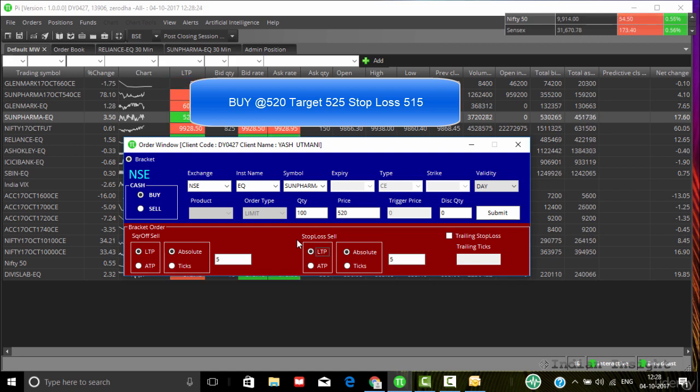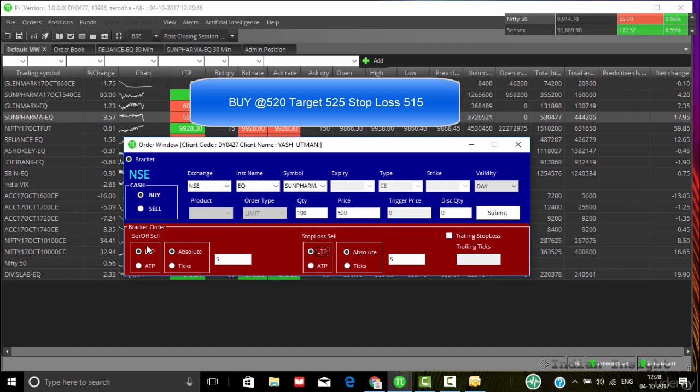Now what will happen is, once you enter a trade, you automatically instruct the broker to book a profit at the price mentioned by you, or book a loss at the stop loss mentioned by you. And once your stop loss price or take profit price is hit, the broker will cancel the other order. So basically, if your stop loss price is hit, then your take profit order will automatically be cancelled.